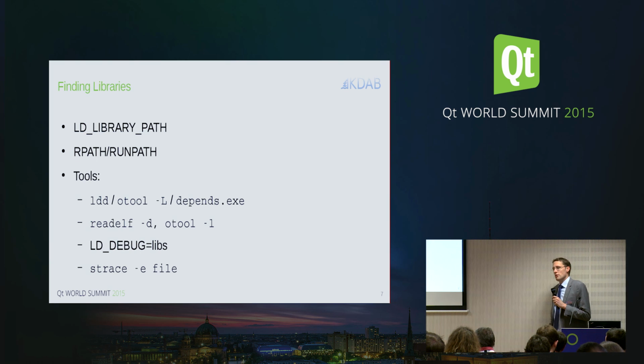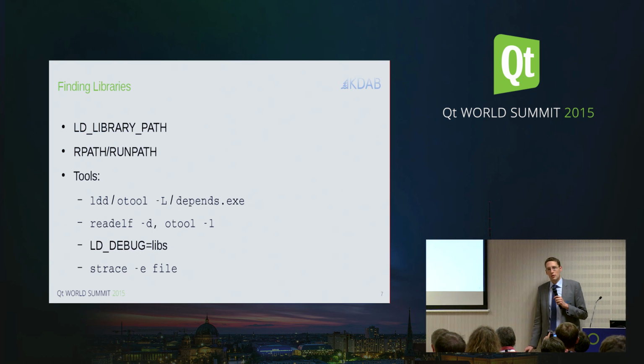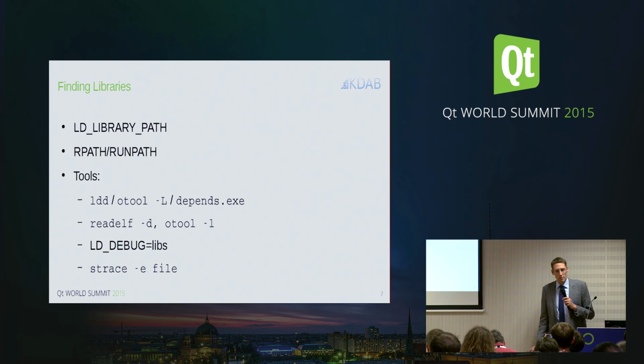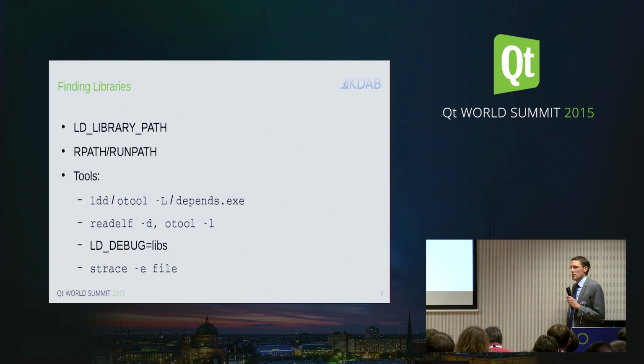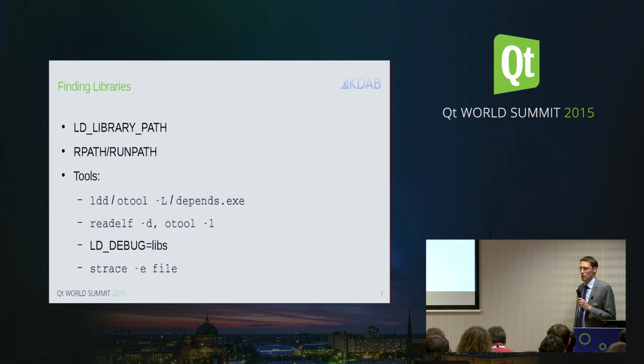For that, we need to know where the loader actually looks for libraries. There's a number of system default paths, and then there's a number of environment variables that add extra search paths. This is LD_LIBRARY_PATH on Linux, DYLD_LIBRARY_PATH on Mac, I think, and the regular PATH on Windows.